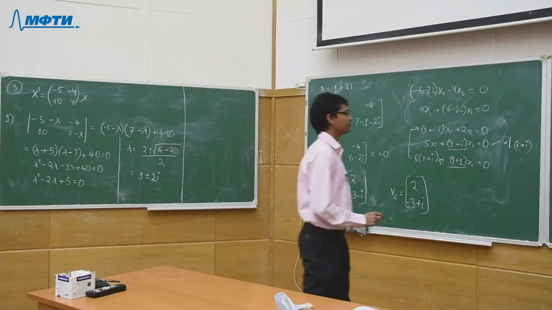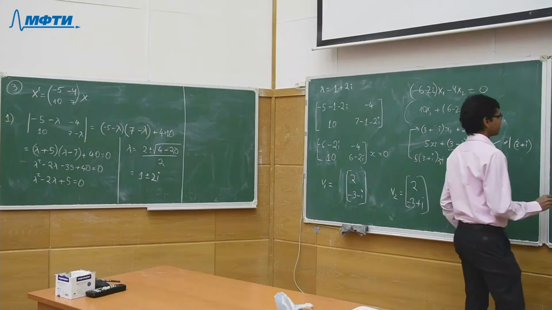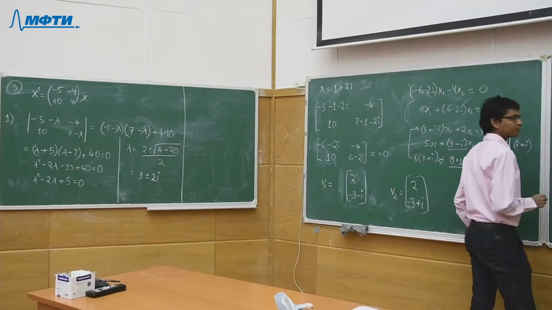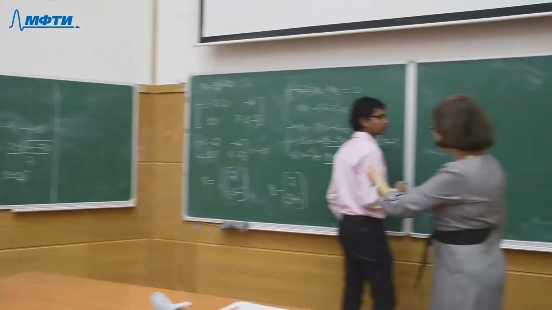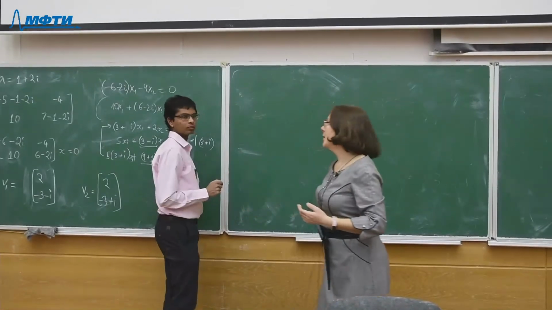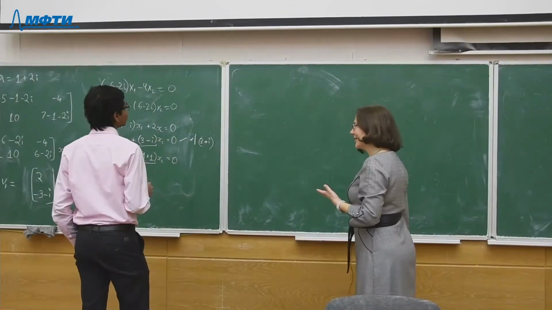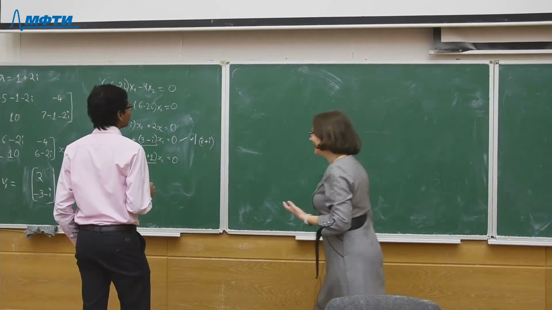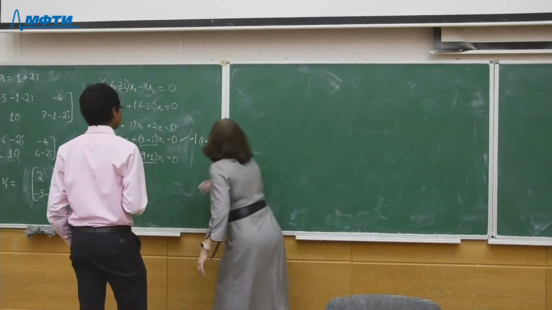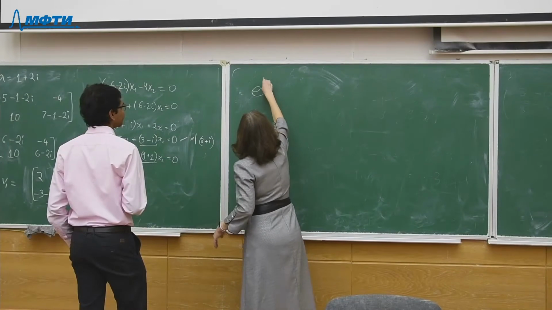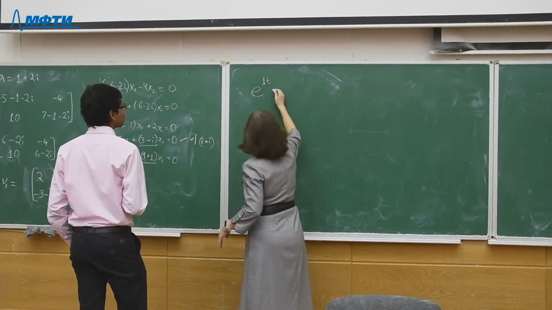For the complex solution, we may take the linear combination of these vectors, but for the real solution, we need to take the real and imaginary parts of what? The real and imaginary part of e raised to the power lambda t times v1.